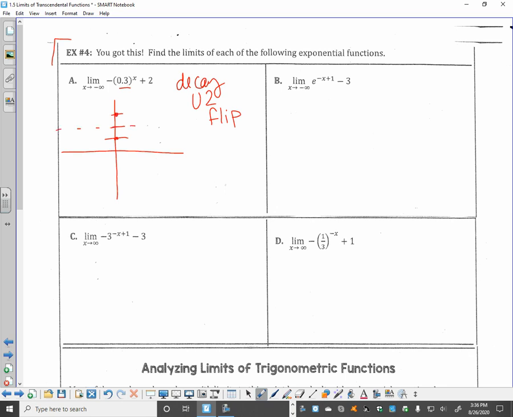That's going to shift the asymptote to 1 below it. I am decay, but then I flip. If you need to pause and review or do that slower, then feel free. Limit as x approaches negative infinity. Looks like it's going to be negative infinity.